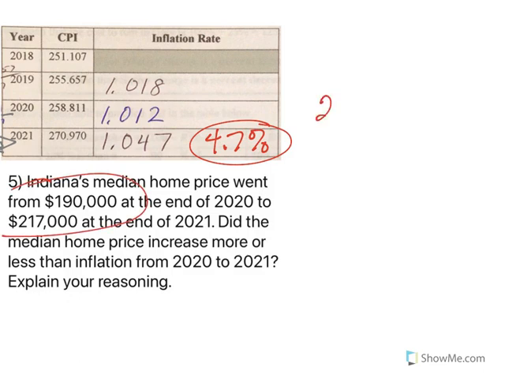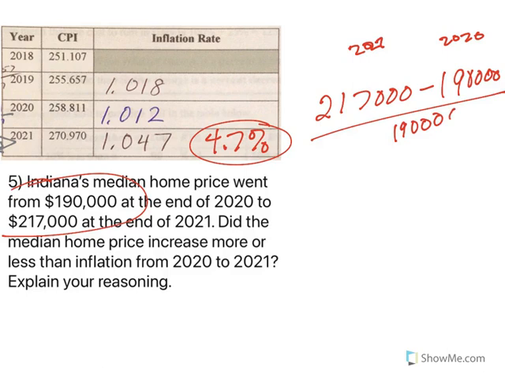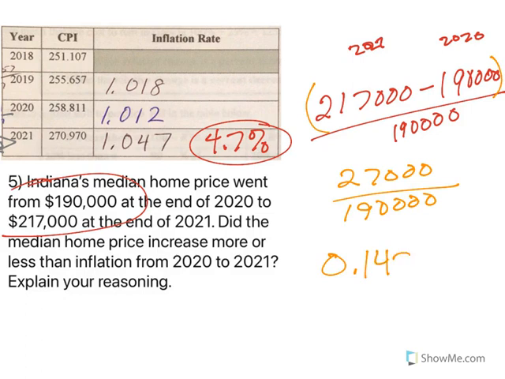Well, if I take 217,000, because that's the 2021, and we're going to subtract the 2020 price, which is 190,000, and then we divide by 190,000. So I, again, parentheses around here, will have 27,000 divided by 190,000, and we end up with 0.142, which is a 14.2% increase.